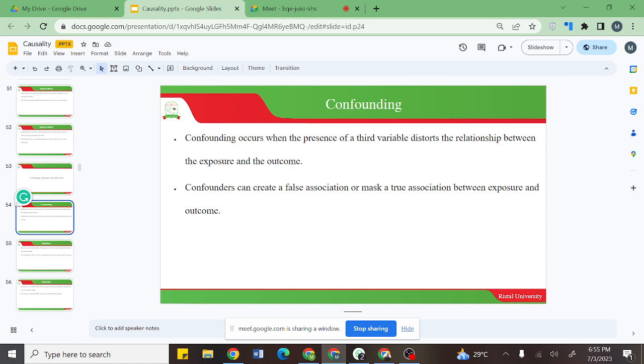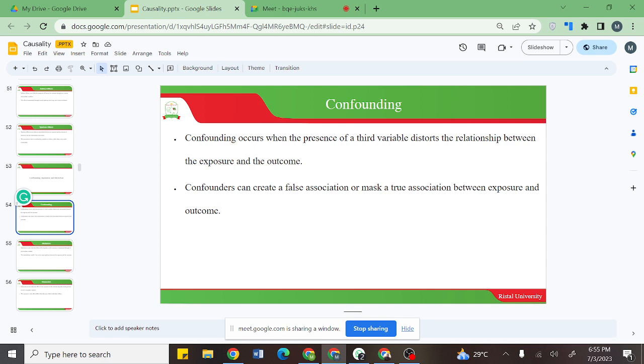So don't carry out an investigation and forget that there are other factors which can influence the health outcome of interest. You can be linking smoking to lung cancer, but there could be another factor, for example, environmental pollution, or genetic predisposition, or exposure to occupational hazards like asbestos.